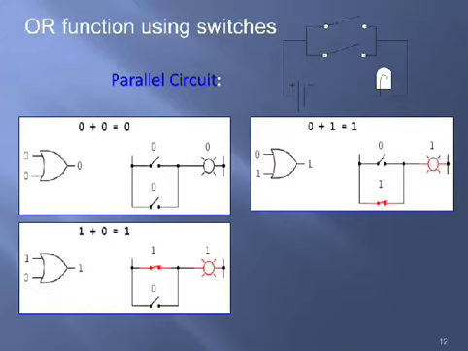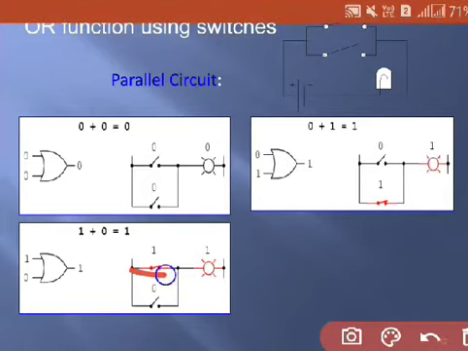If you consider the other case, 1 plus 0, again 1. In this case also, A is closed and B is open, so the current will be flowing through switch A, and the lamp will glow in this direction.